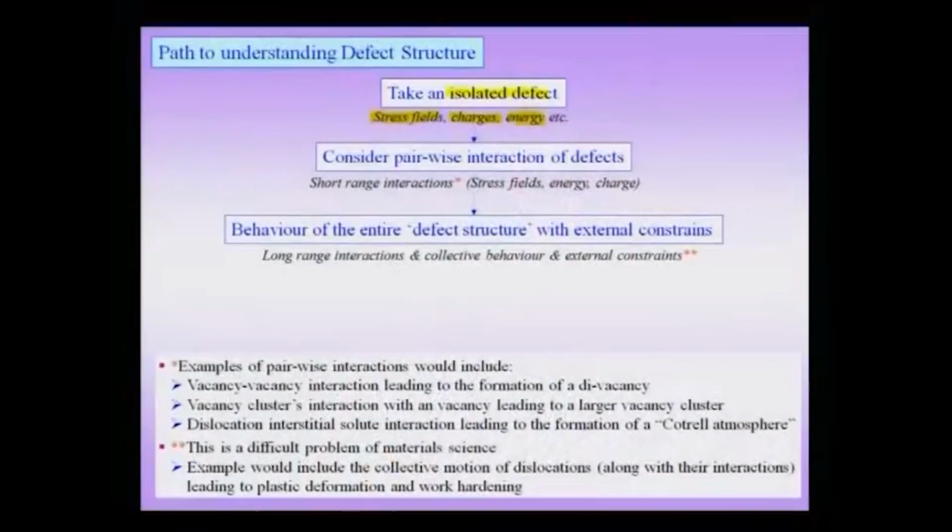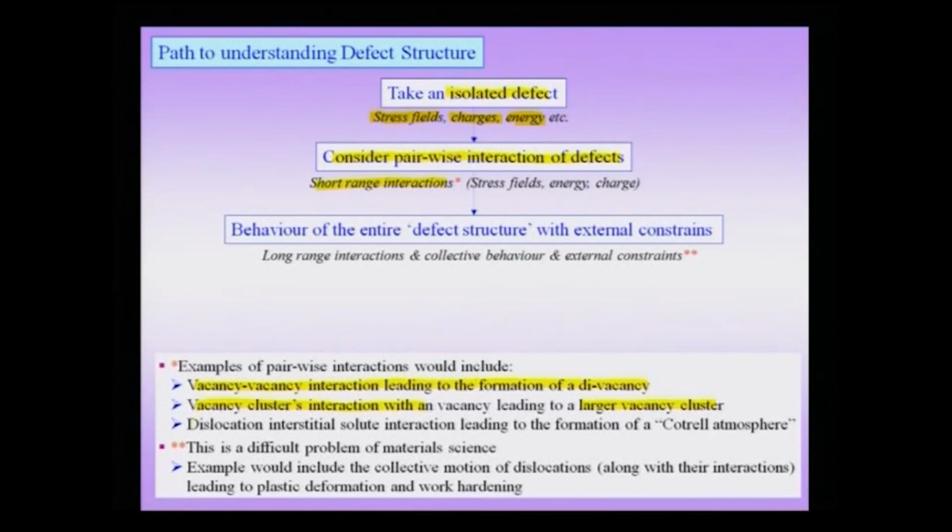Then once I have a reasonable handle on the isolated defect, I can consider a pairwise interaction of these defects. These pairwise interactions essentially imply that I am talking about short range interactions. Some examples could be a vacancy-vacancy interaction leading to the formation of a divacancy, or a vacancy's interaction with a cluster of vacancies leading to the formation of a larger vacancy cluster.